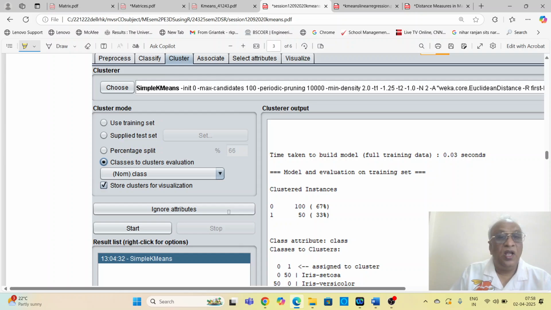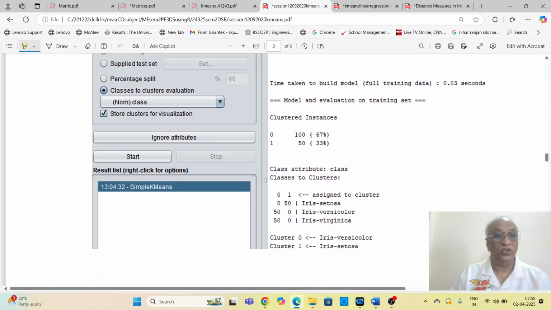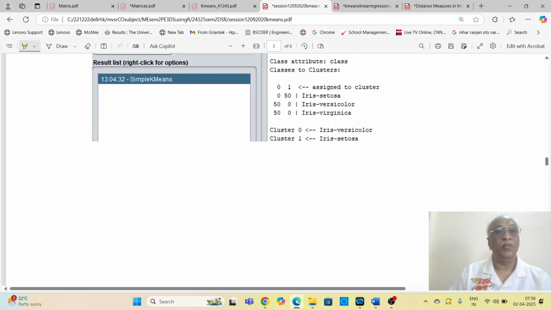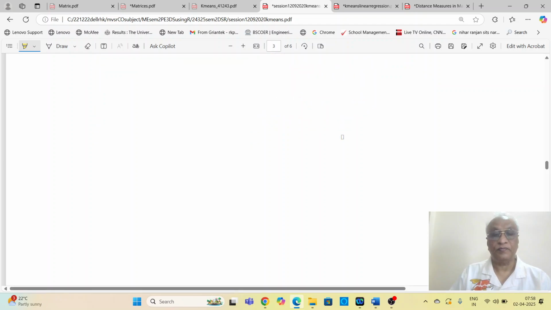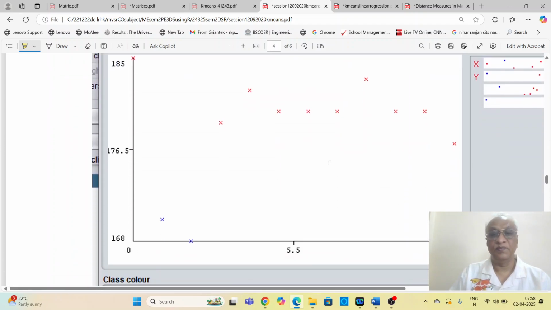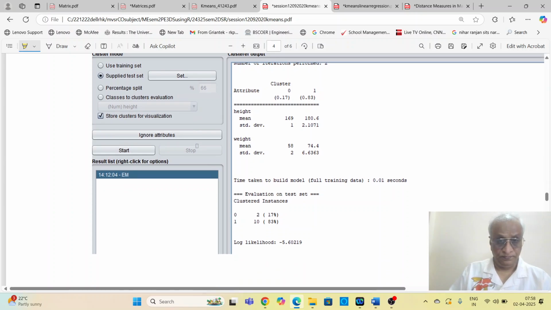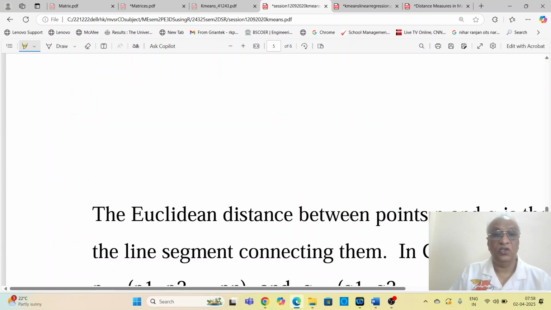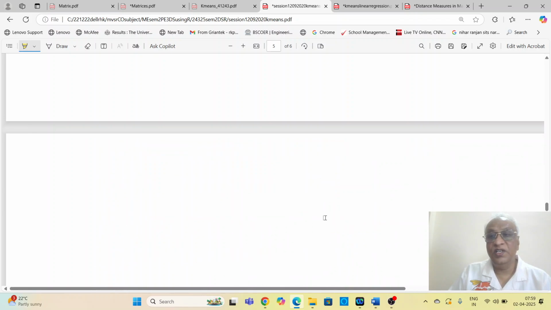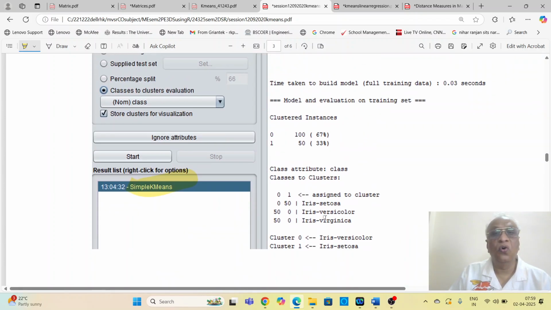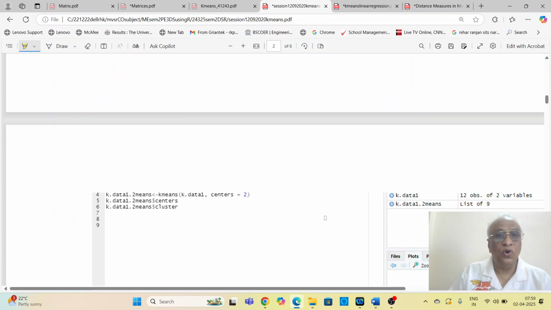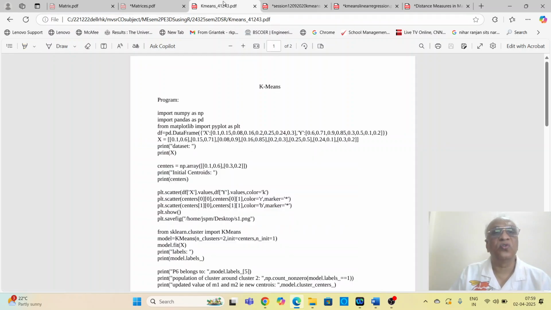Now I am going for cluster evaluation here, and I am applying the simple K-means algorithm, and these are my data points, and we have taken the test set here. Ultimately what I am seeing here is that in one cluster there are 2 instances, in another cluster there are 10 instances. So that is what you can see here, the example code in R programming as well as the Weka tool.